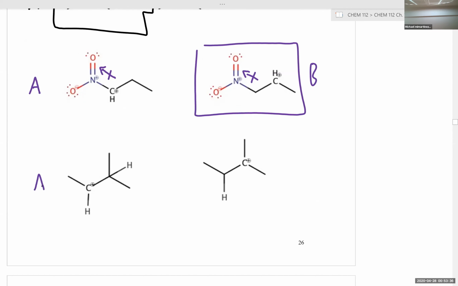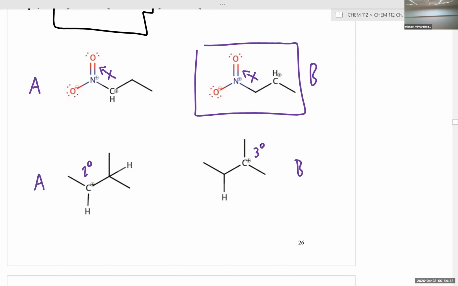Okay, let's take a moment and let's look at our last pair of compounds. So A versus B. And this is an important problem because we'll see this type of carbocation rearrangement later on in this chapter. So which species is lower in energy, A or B? Just to help spark everyone's thinking, this carbocation is secondary, this carbocation is tertiary.